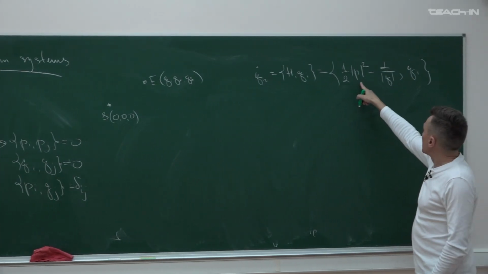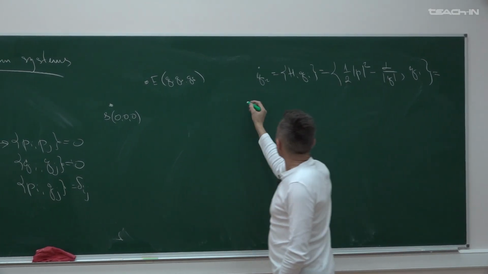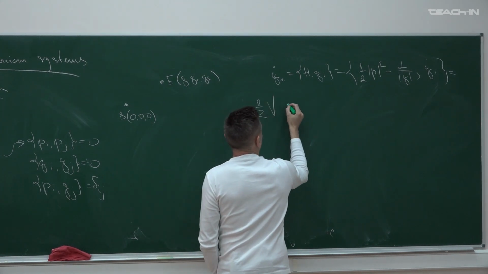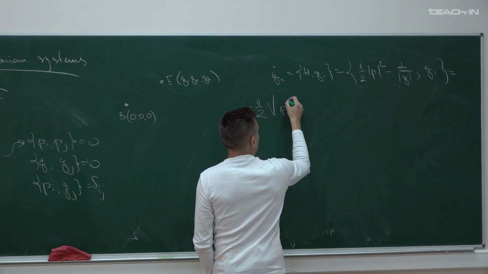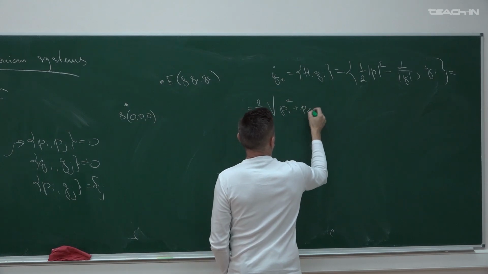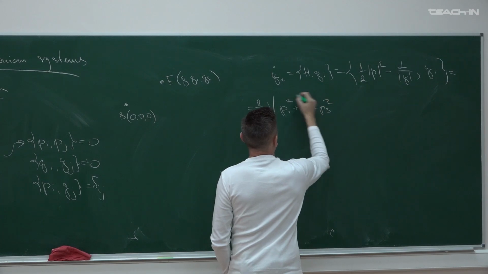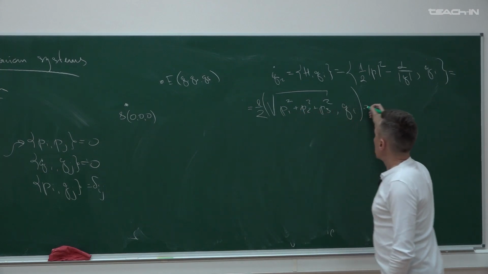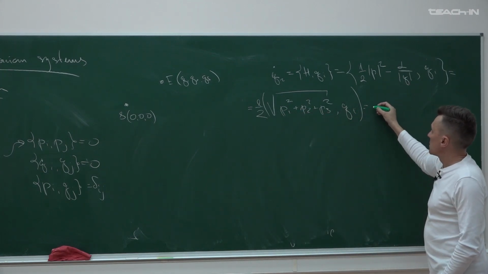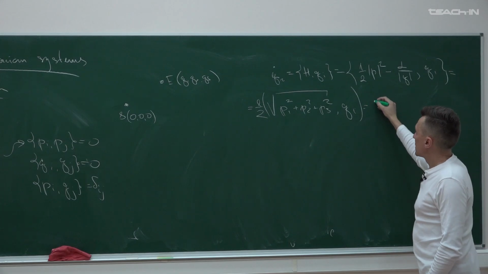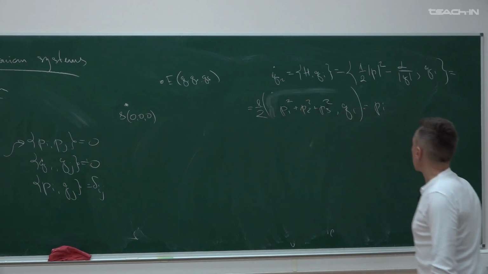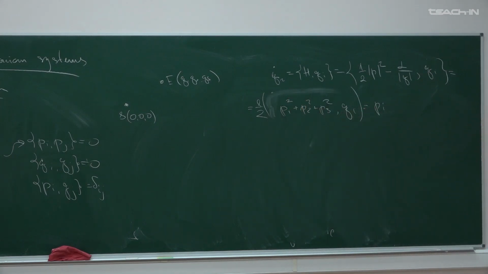So the only non-trivial part is here, and it is equal to one half of (p1 squared plus p2 squared plus p3 squared) with q_i, and it is just p_i. There is no square, it is just this, just the square of the distance.